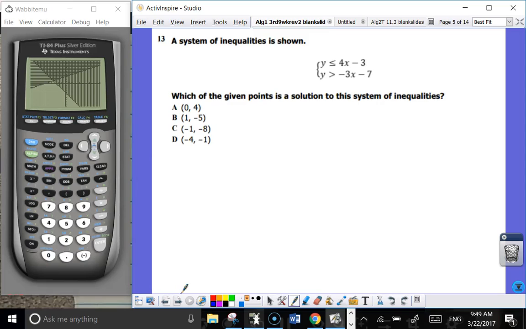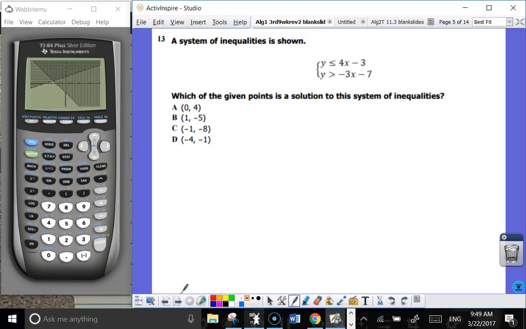Let's try 1, -5. 1 would give you 4 minus 3, which is 1. -5 is less than or equal to 1. That's okay. Okay, let's try it here. 1. -3 minus 7, that would be -10. And -5 is greater than -10, that's it.